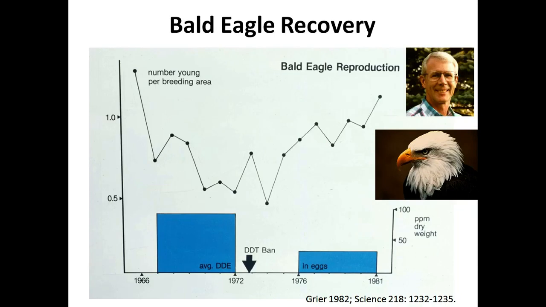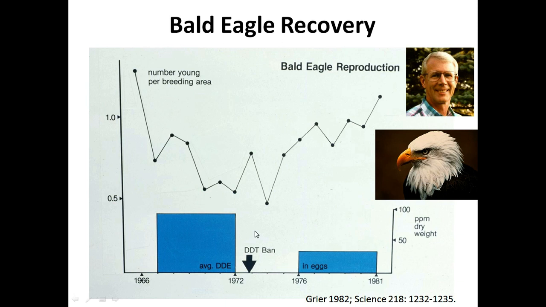Here is an example. In this graph, you can see the time on the x-axis, the dry weight concentration of DDT in these bars, and this is the population size. It's actually an index of the population size, the number of young per breeding area.